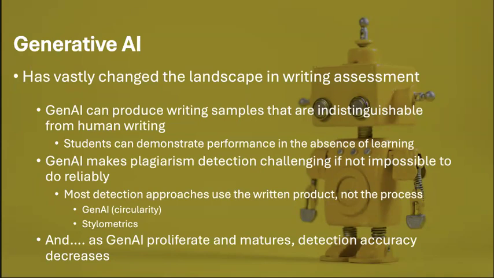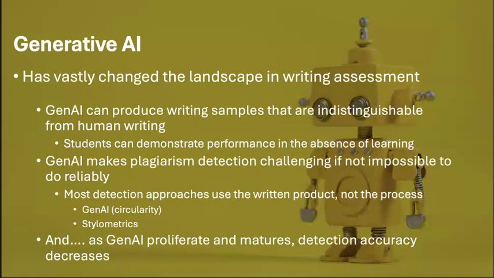And importantly, for teachers and administrators, students can now demonstrate performance in the absence of learning. So they can basically demonstrate that they're good writers without knowing what they're writing about because Gen AI produces it. Of course, it's also difficult now because Gen AI makes plagiarism detection challenging, if not impossible to do.